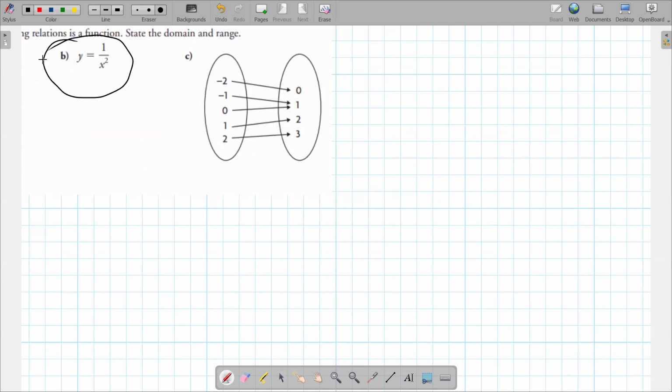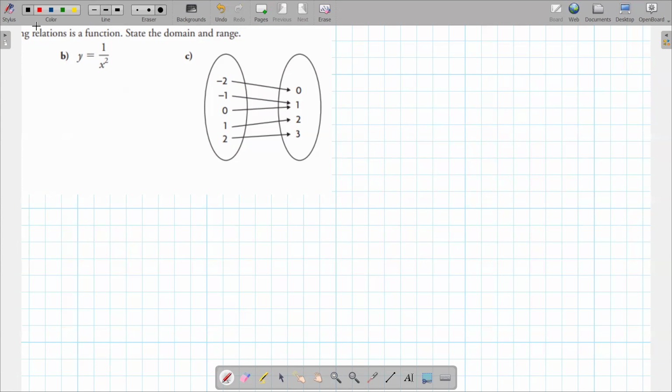How would you define this? Is it a quadratic? Is it cubic? Is it a sine function? What's the name for this? Notice it's in the denominator. What you're interested in is in the denominator, and there's a 1 on top. It's a reciprocal function, right?